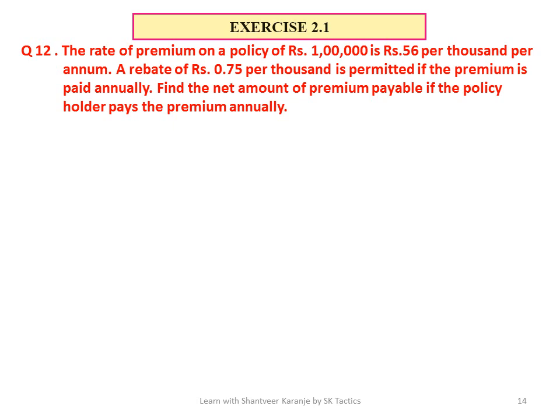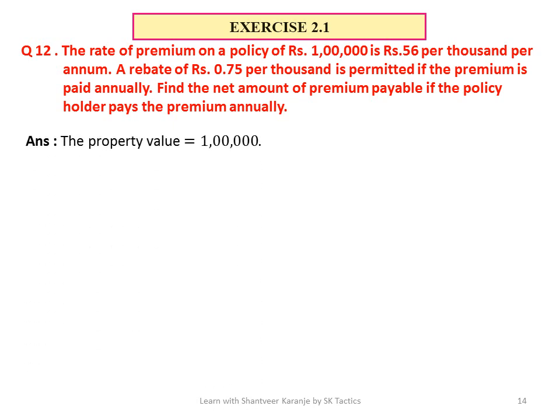So we need to convert this in percent, or we calculate with thousand and then convert it in percent. A rebate of rupees 0.75 per thousand is permitted if the premium is paid annually. Means if he is paying annually, then he will get a concession of 0.75 per thousand. Find the net amount of premium payable if the policy holder pays the premium annually.